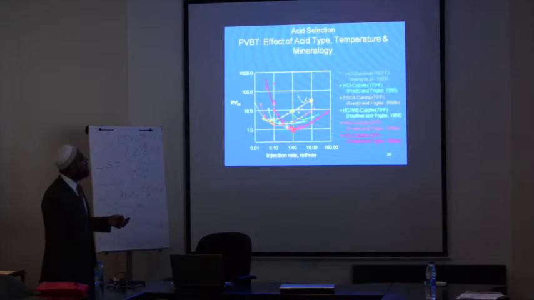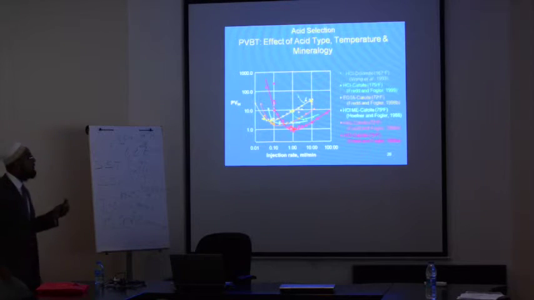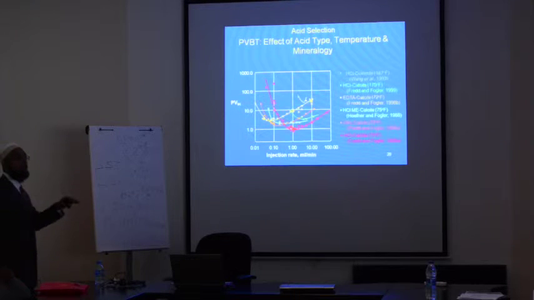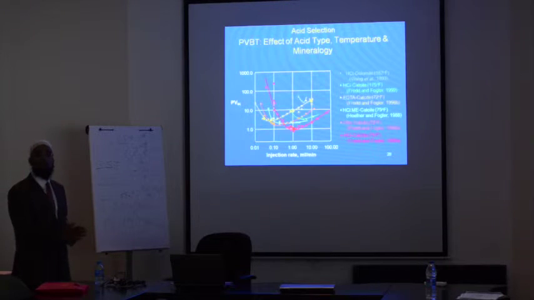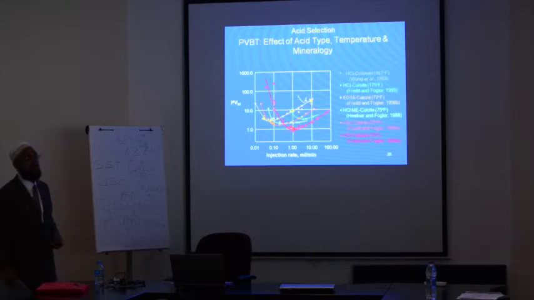And you can see the optimum can easily be an order or 2 orders of magnitude different between the different systems, right? So it's really critical to realize for your particular mineralogy, temperature, and what acid, where do you sit on this, and when you're injecting the treatment, is the treatment over here or on this side or that side, right? So it's very important to understand that.